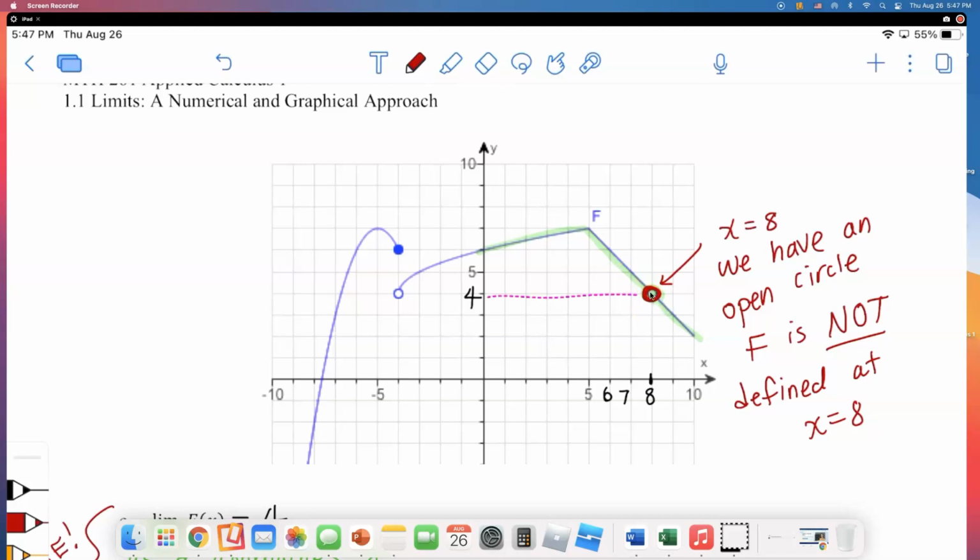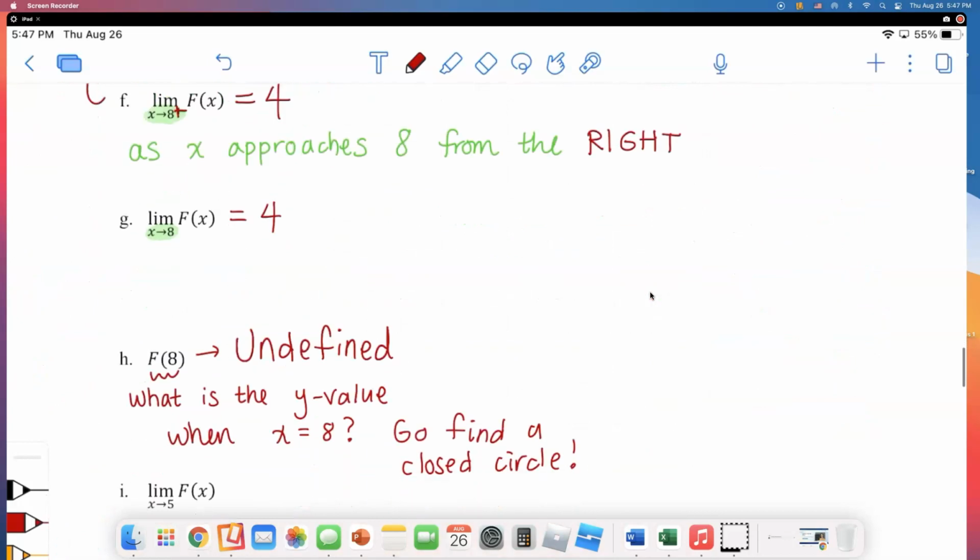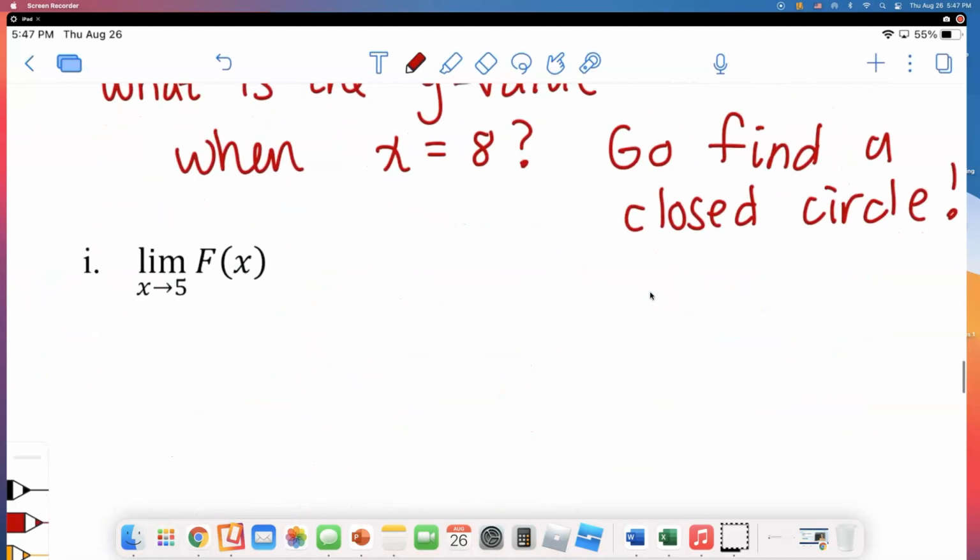Okay? Alrighty. So really the last part, I. Oh, okay, they're not asking us for the left-hand limit or the right-hand limit. They're just asking us to find the limit as x approaches 5. So what we need to check is, is it the same approaching from the left, and is it the same approaching from the right?